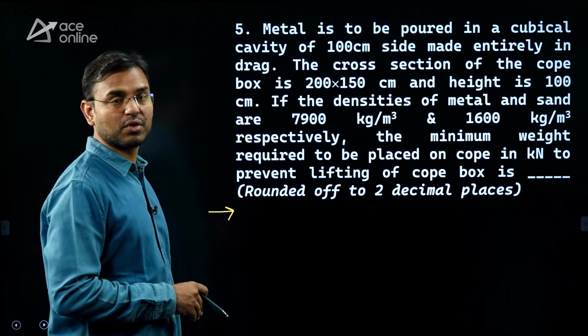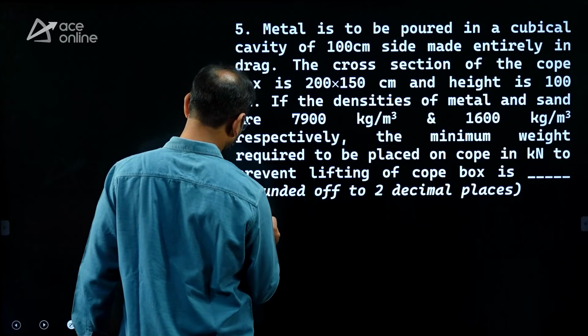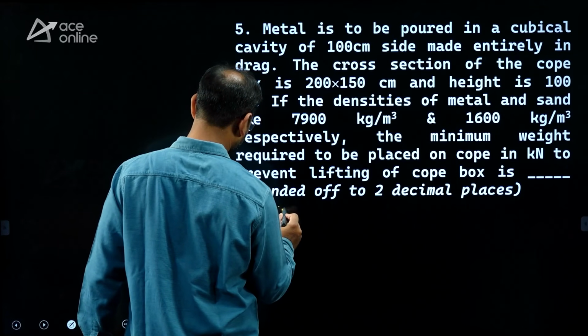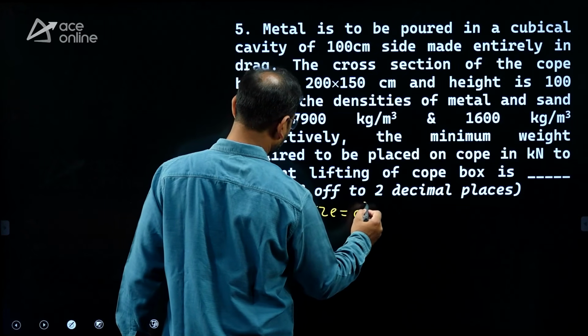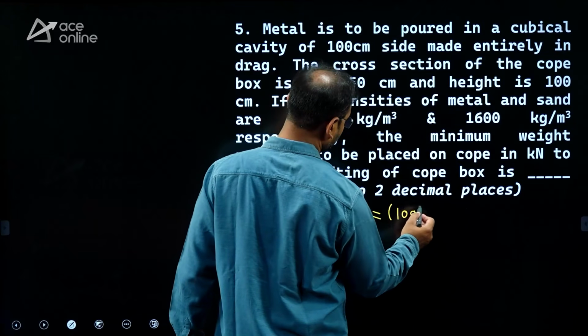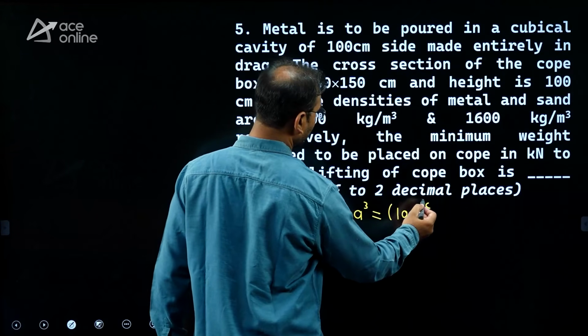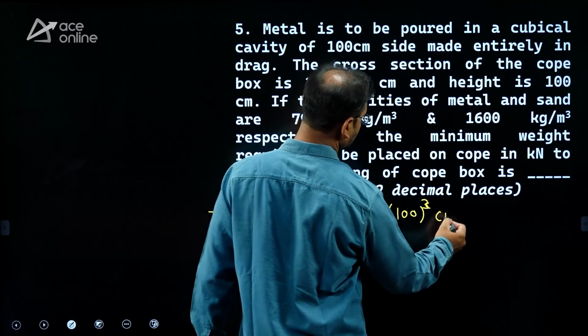If the cavity is cubical, then the cast component is also cubical. What is the formula of a cube? Here the formula is a cube, so I write 100 cube. This is the volume, 100 cube. Also write centimeter cube.